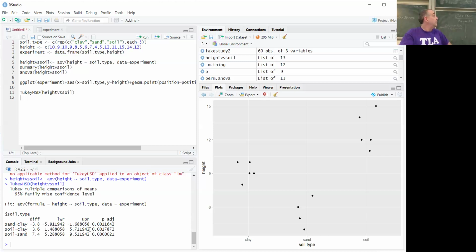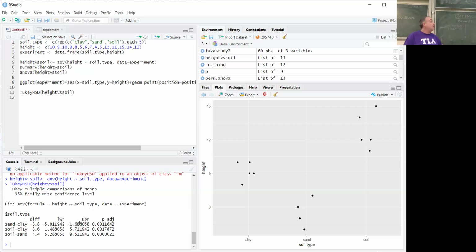And there it is. It's got the difference and the lower and upper confidence interval and a p-value. And that p-value has been adjusted, it says adjusted, so that it makes it harder to accidentally find differences that aren't really there. Because if I had 5 groups, there'd be 10 comparisons.